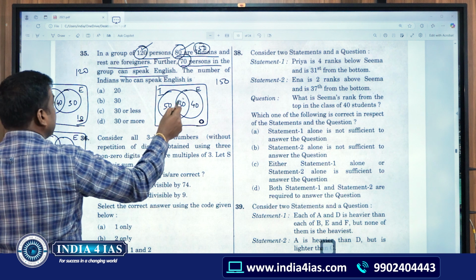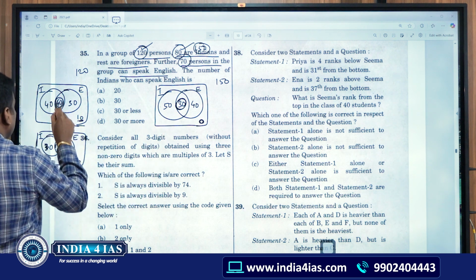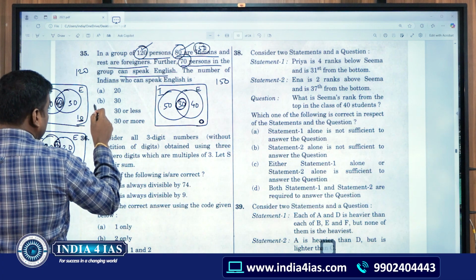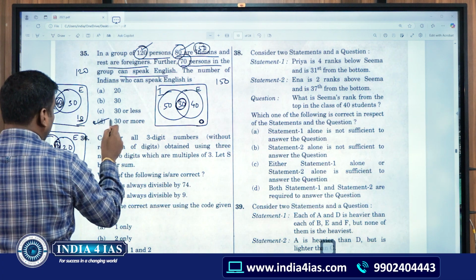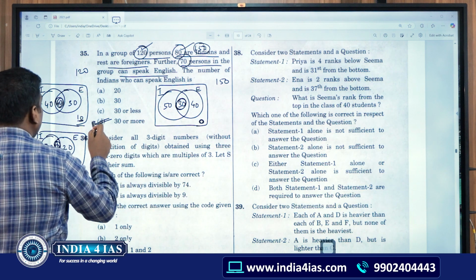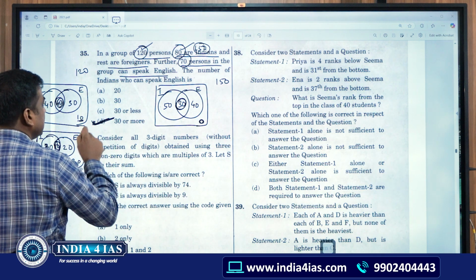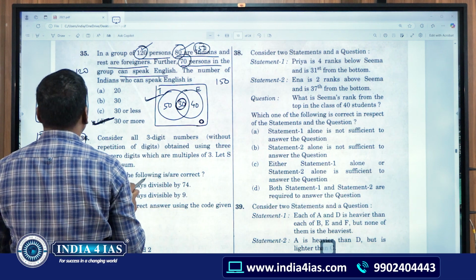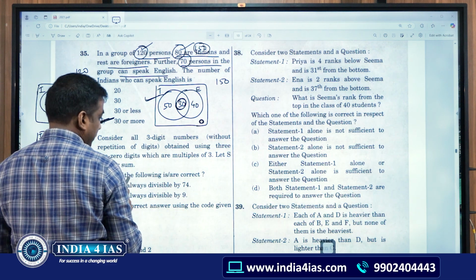So in any case, it will be a minimum of 30. The number of Indians who can speak English will be 30 or more. This is a tricky problem, but it can be solved only if you take different cases.